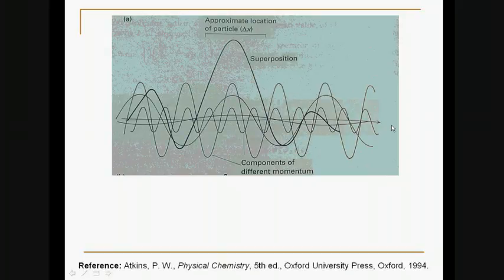If we superimpose all these sine functions, we get something that looks like this one here, the one in bold black color. It shows us the approximate location of a particle, which we show with delta x. Remember that each of these sine functions can be the wave function of some particle in this one-dimensional world along the x-axis.